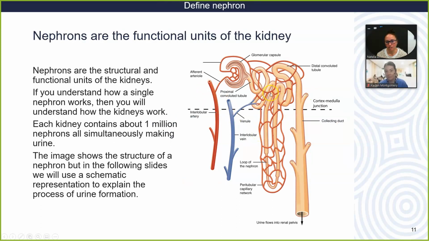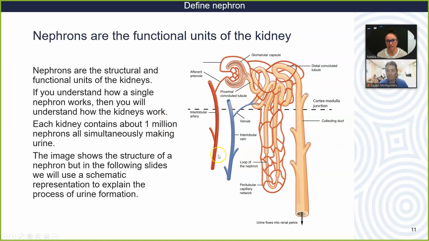Now, the nephron is what makes your urine. So little nephrons, this is a little machine that makes your urine. If you understand how the nephron works, you will understand how the kidney works, because your kidney is made up of lots and lots of these little machines. So 1 million nephrons.